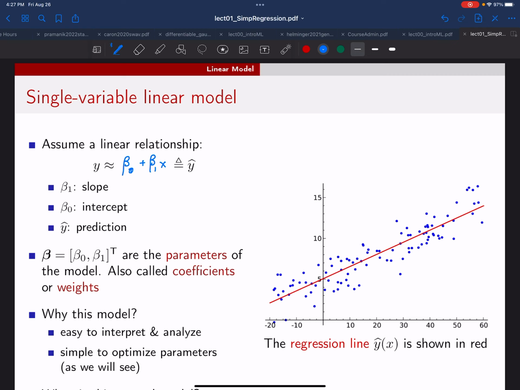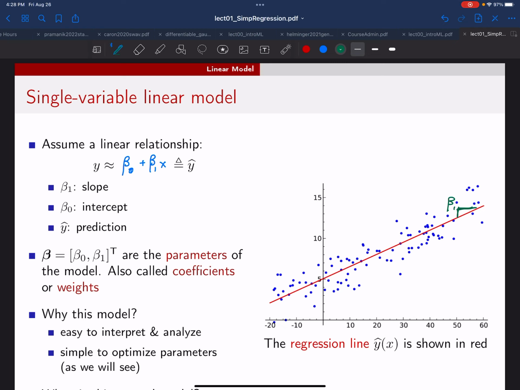And if you look at this red line here, this red line is showing this equation beta 0 plus beta 1x, right? So beta 1 is going to be the slope of that line. So beta 1 is the slope.